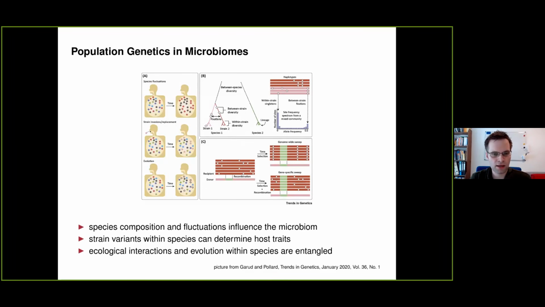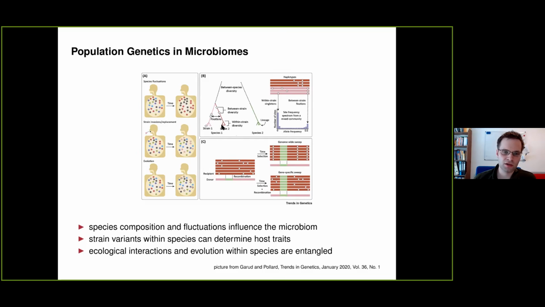And as Philip already mentioned, I'm a member of the cluster CMFI, and there we are looking at microbiomes. But also for microbiomes, it's really important to look at the diversity within individual strains of your bacteria. And the evolution of microbial organisms living in our microbiome and our own evolution is, of course, also entangled.